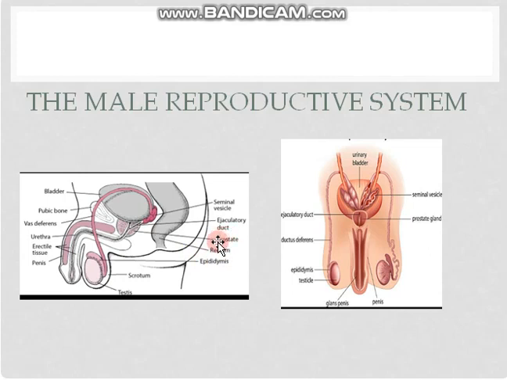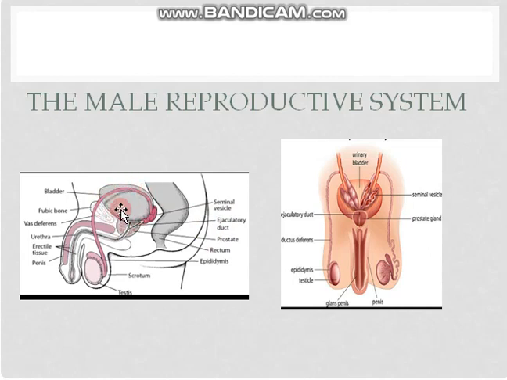So you might have been hearing of people suffering from prostate disease. Here we have the ejaculatory duct. We also have the seminal vesicle. This part is the bladder.